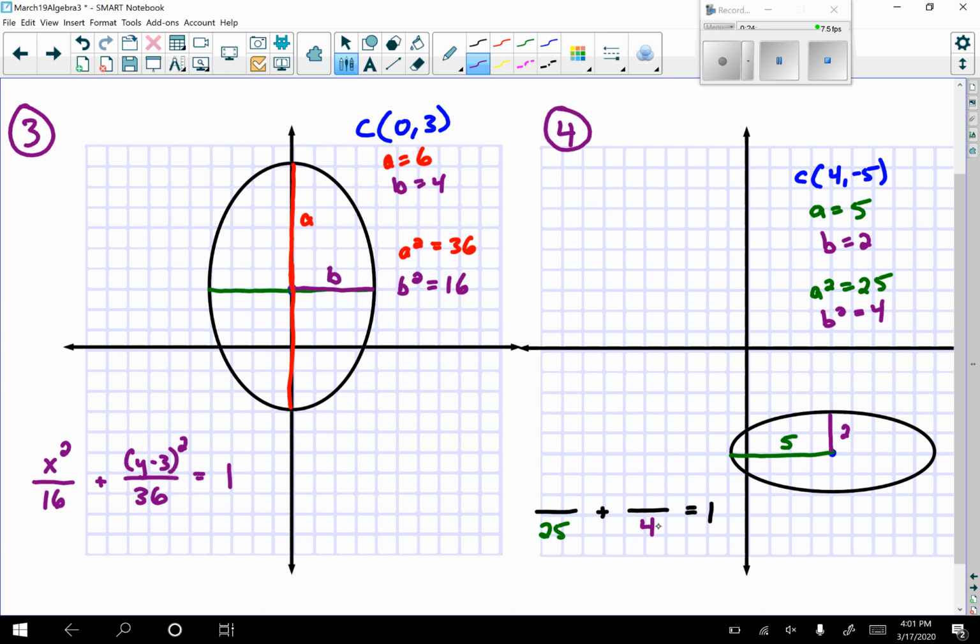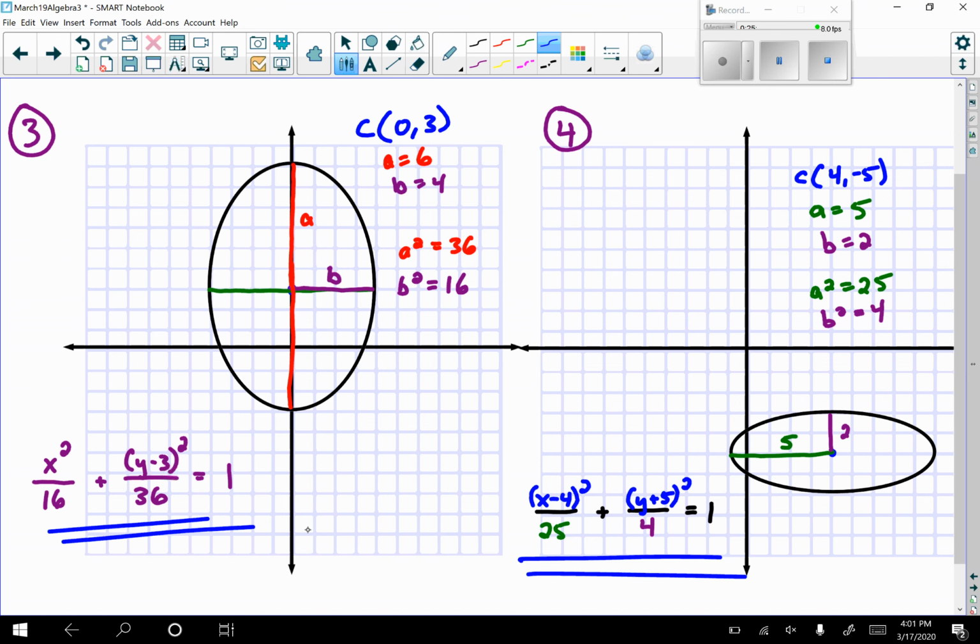What goes in the numerator again, guys? Our center. So notice we have two non-zero values here. So in our first numerator, we're going to have an x minus 4 squared, and then a y plus 5 squared. And then there's our equation right here for these next two examples.